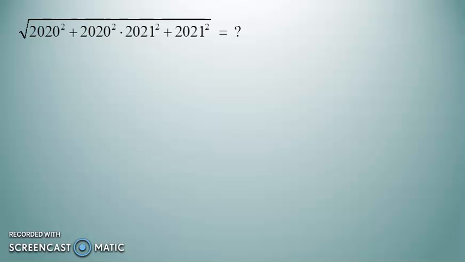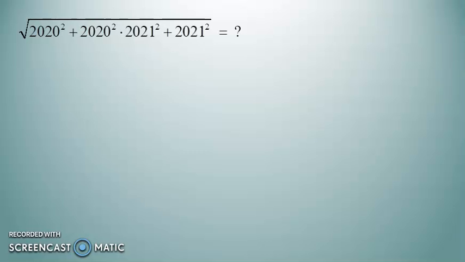I don't want to waste my time just on calculation. Because of that, we must find a clever way. I hope that the expression under the root is a perfect square if this question has a solution at all. Because of that, I want to configure a perfect square inside the square root.